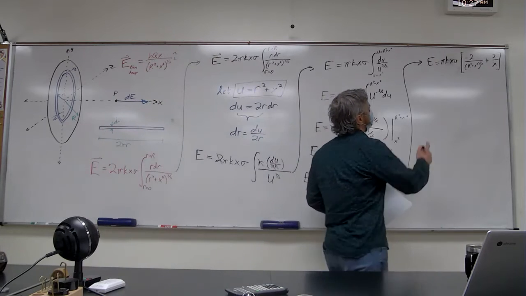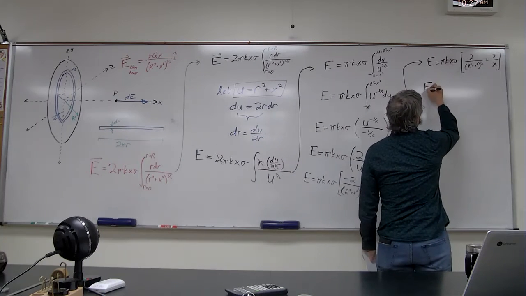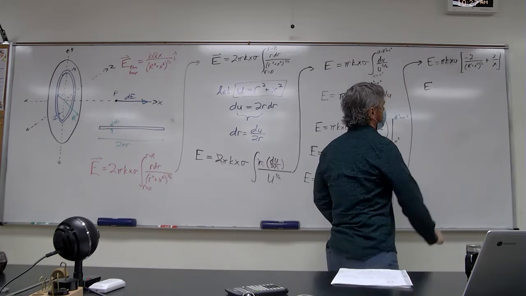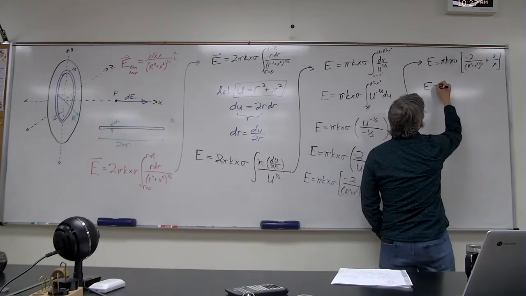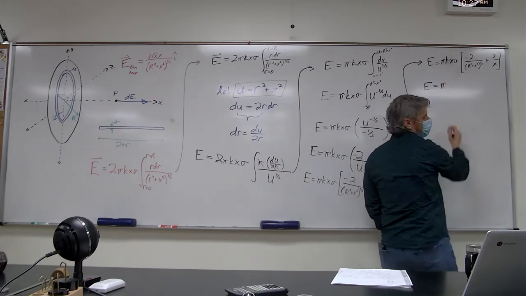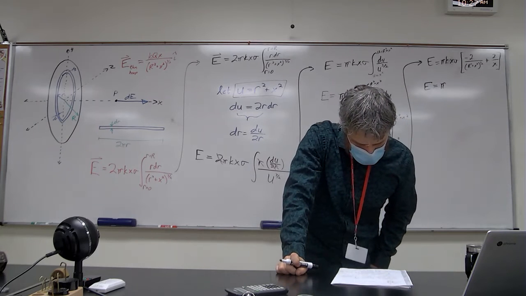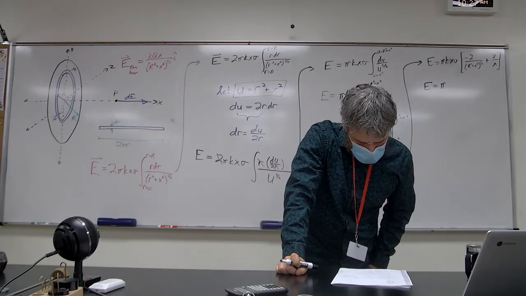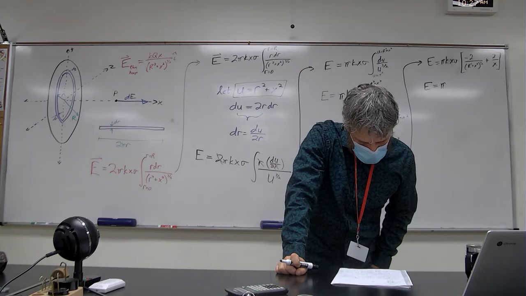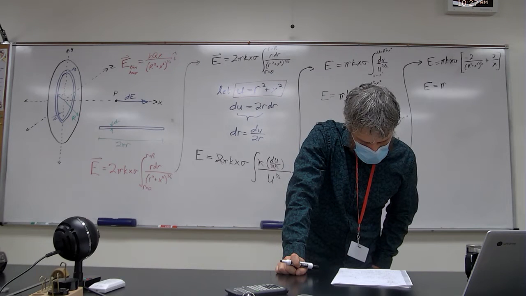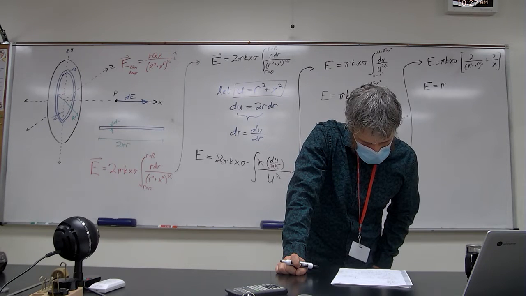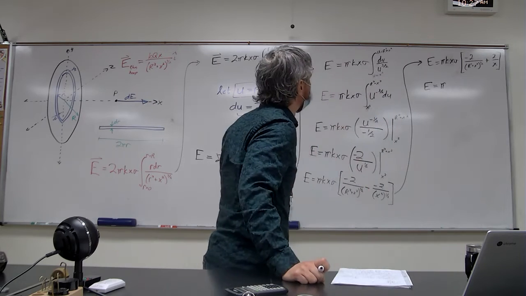And then I'm going to reorder this, just so I have a nice, neat little expression here. And I'm going to go ahead and put the radical there. So the electric field is going to be pi. Am I getting all those right? Can we pull out a negative 2?